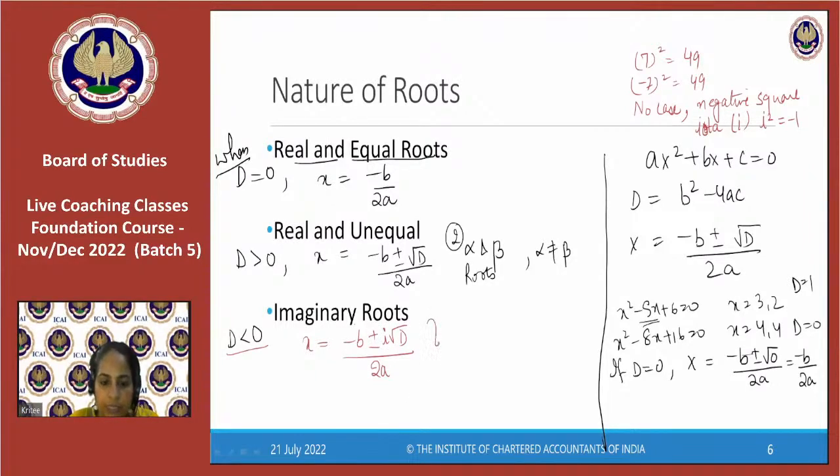So the alpha and beta that I would be getting will be with iota, an imaginary number. It does not exist in reality. This might cause a little confusion, but don't worry, this is not something that is being asked. The questions mainly focus on real and equal roots and real and unequal roots. Still, if you're feeling any kind of doubt, you may ask.